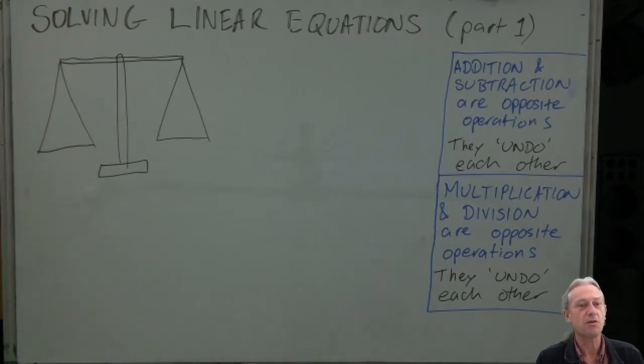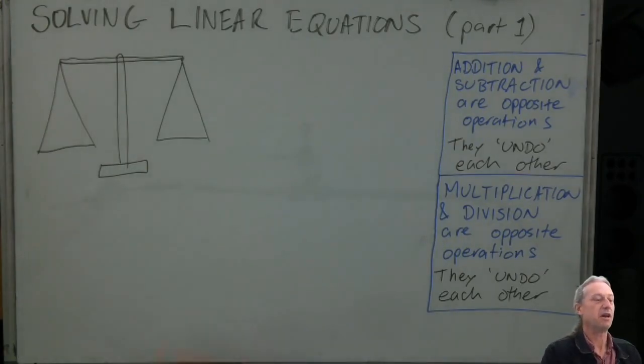And the idea with solving equations is we can manipulate or rearrange those equations, and as long as we do the same thing on both sides of the equals, then the equals will always be true. That's what we're aiming for, to make sure that whatever we do, we're not changing the fact that the equals in the middle of the two sides of the equation keeps things balanced.